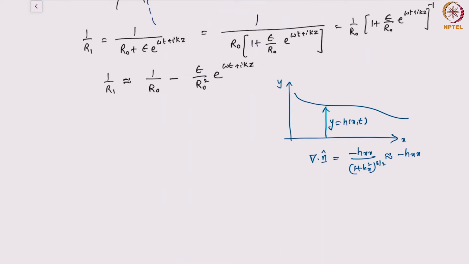So in the same fashion, what you have now is this interface which is undulating, and at any point, the equation is r equals capital R of z comma t.